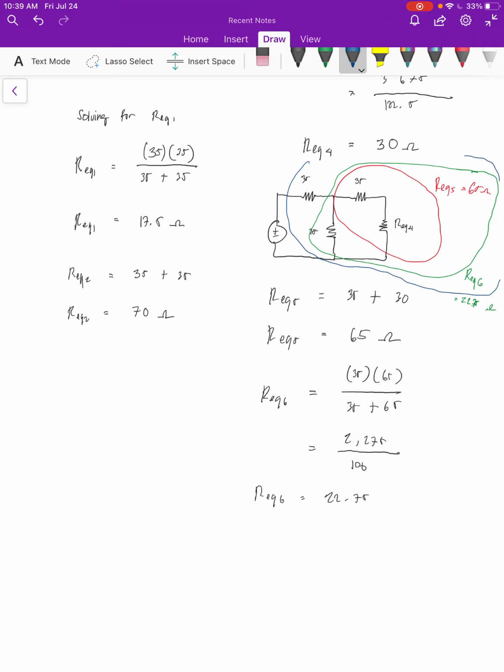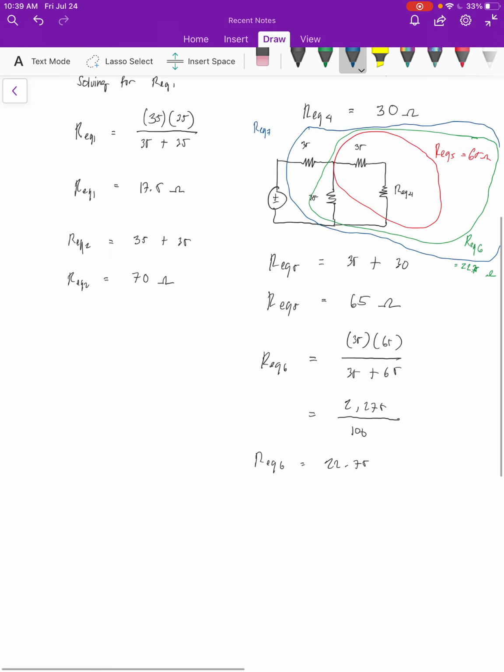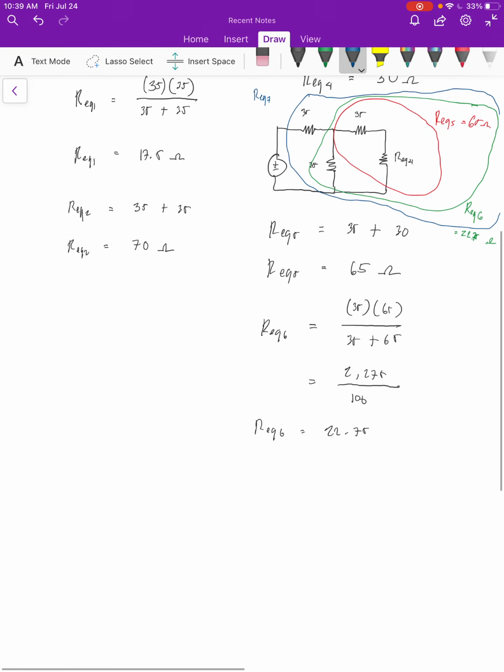And the last resistor network that we can obtain from this diagram is to add this finally to this last remaining resistor, and they are all in series, and we're going to call it REQ7. So that's the final resistance that we can calculate from this diagram. REQ7 is simply equal to the sum of series resistors.